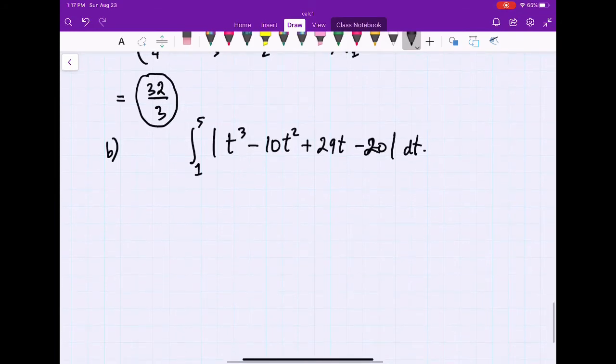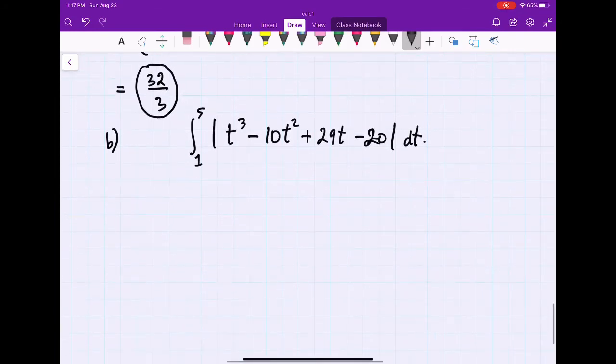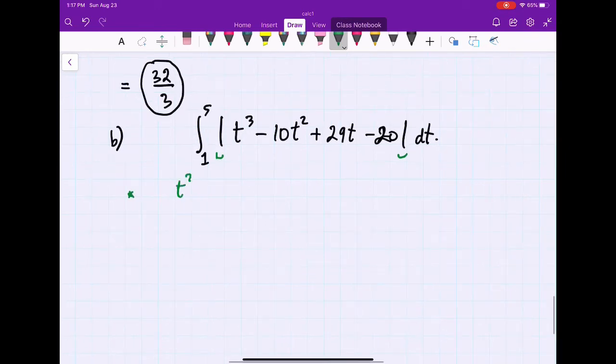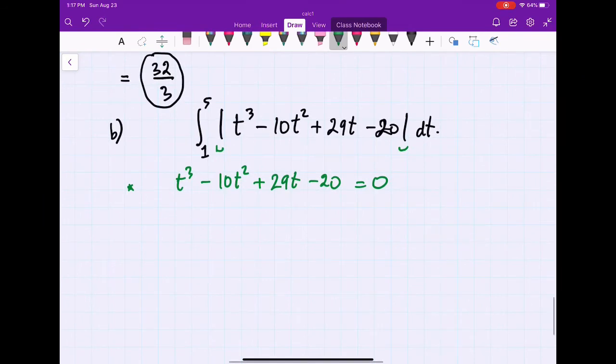In order to do that, you need to find all zeros of the function. Does that make sense? Because you have to remove the absolute value. So I have to solve t cubed minus 10t squared plus 29t minus 20 equal to 0 to find all zeros of this polynomial. We know from precalculus how to guess zeros of a polynomial like this.